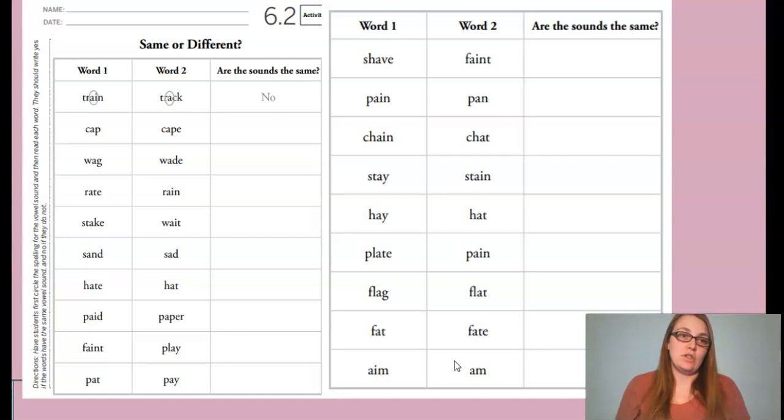So the answer is no. However, in words such as rate and rain, both words have the long A sound, so you would write yes. So read word number 1 and word number 2 for each line. Determine if the A spelling is creating the same sound in each word. If yes, write yes. If no, write no. Circling the A sound in the words.